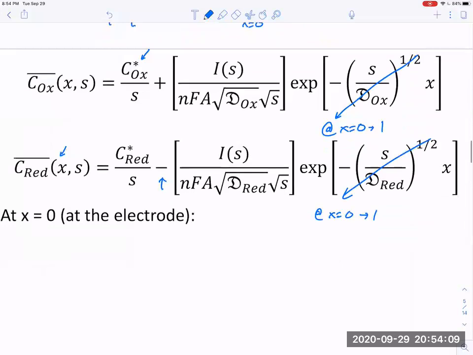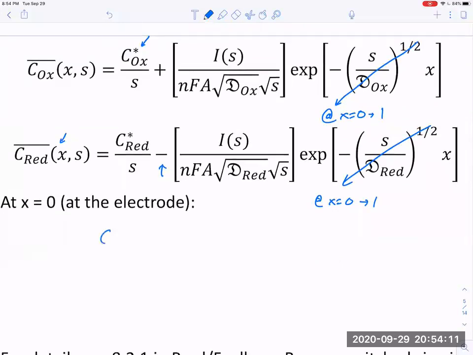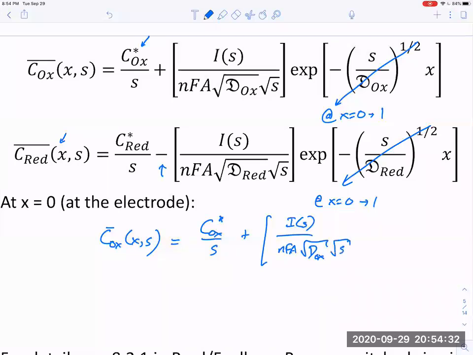So what we'll end up getting is that we can rewrite this a little bit simpler. C-ox bar at x equals 0 is equal to the bulk concentration over s plus the current I of s over NFA times the square root of the diffusion coefficient times the square root of s. The exponential term just goes to 1.